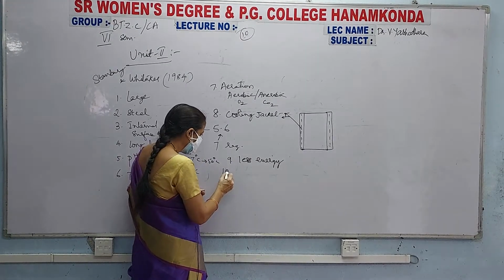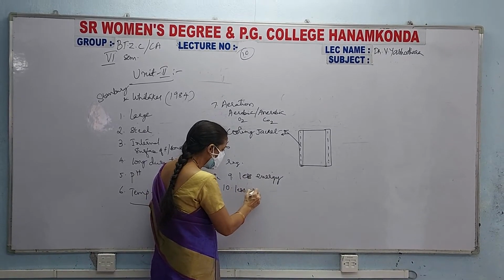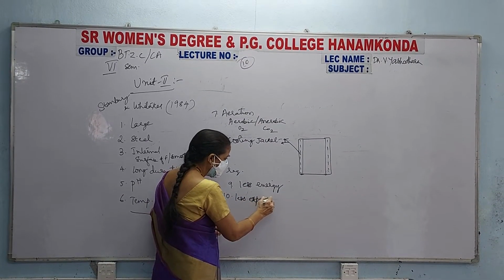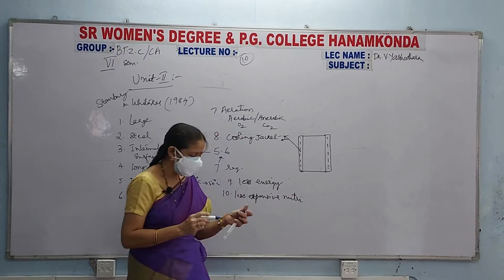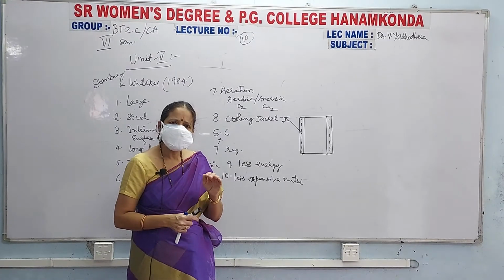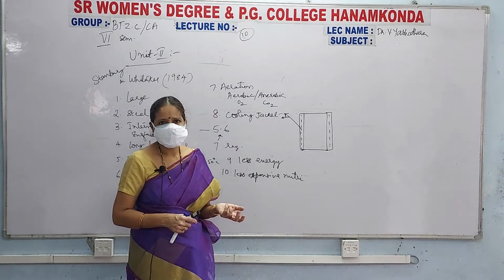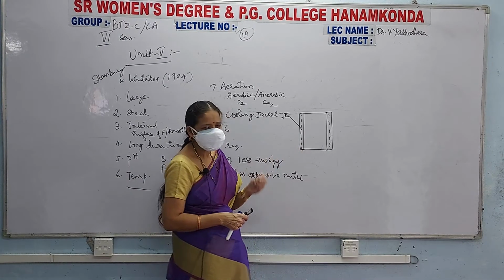Next, the 10th one, it has to work with less expensive nutrients. What are the less expensive nutrients? The chemicals that are available with you; no costly chemical is used. With cheap chemicals you can produce the product in the bioreactor.